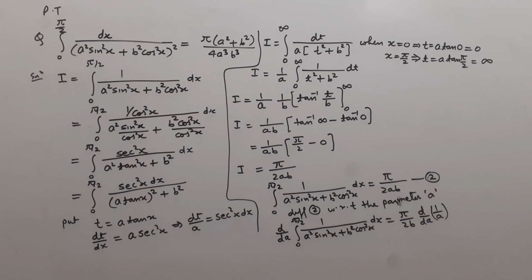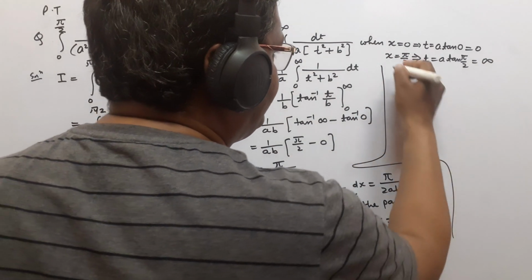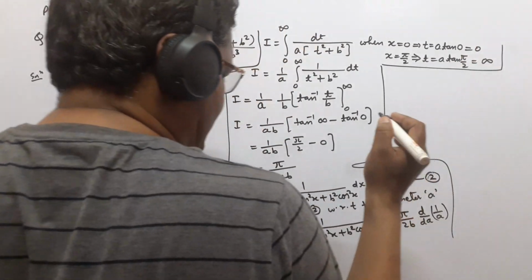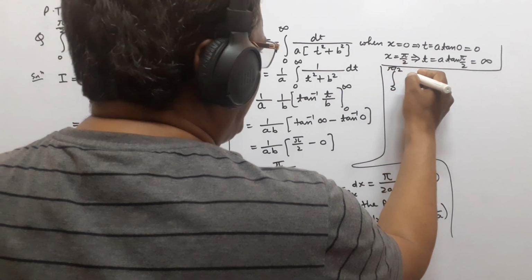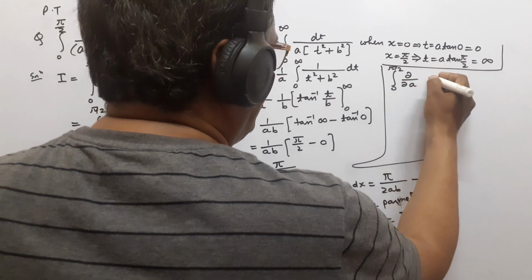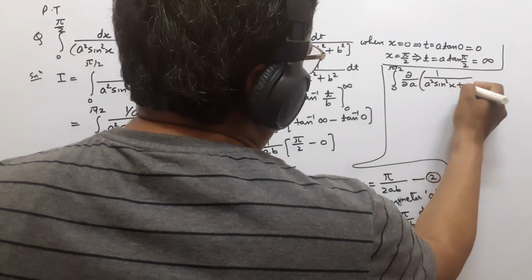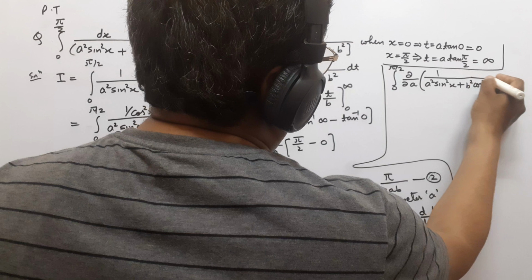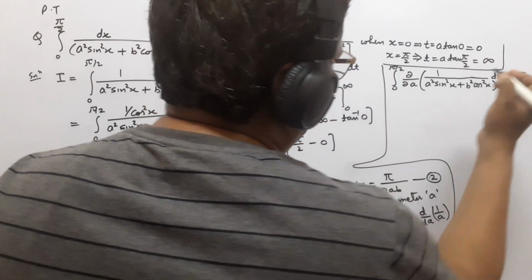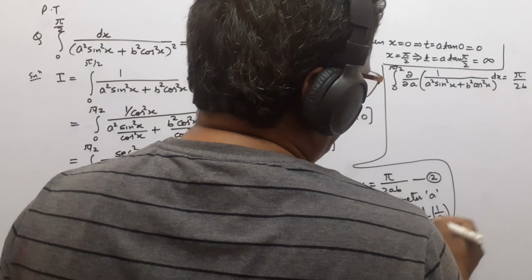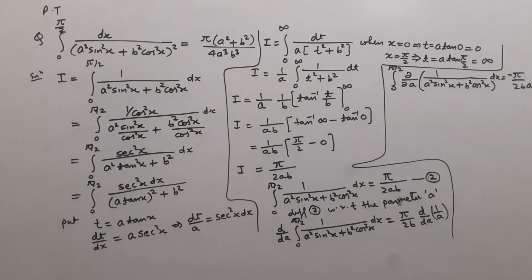So if this d by da goes inside the integral sign, this converts to partial, so this can be written as the integral from 0 to pi by 2 of del by del a of 1 upon a square sin square x plus b square cos square x dx, is equal to pi by 2b, which is constant here, and the differentiation of 1 upon a with respect to a is minus 1 upon a square.